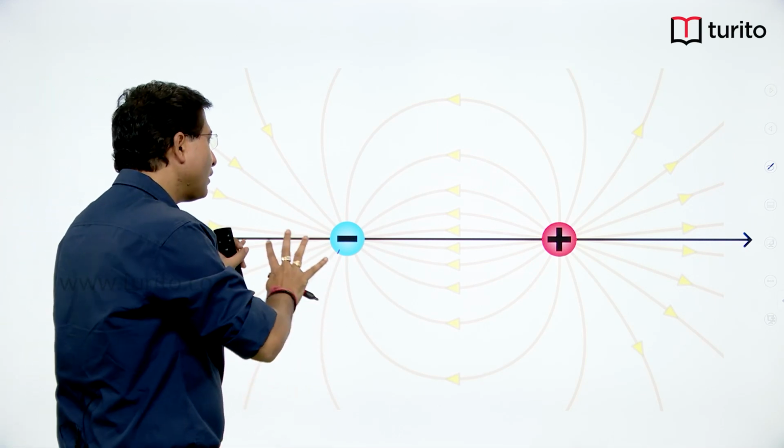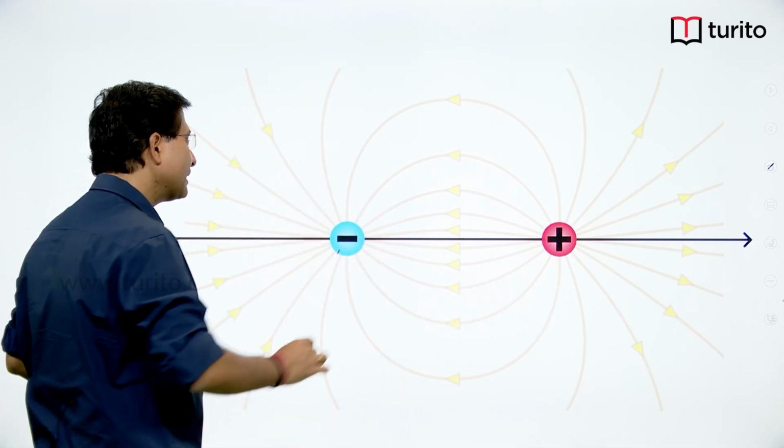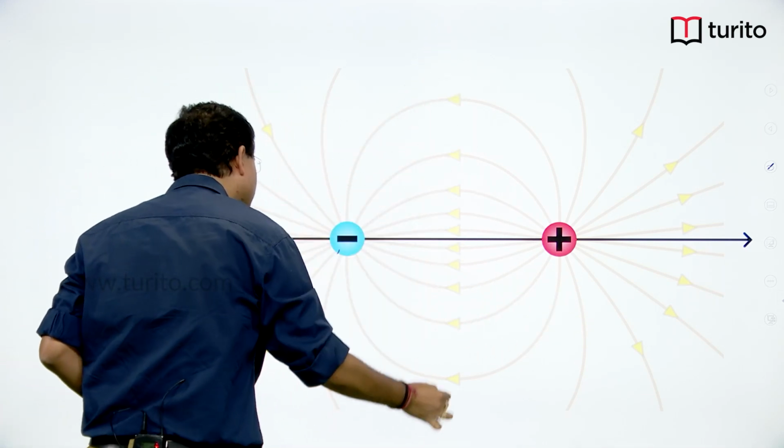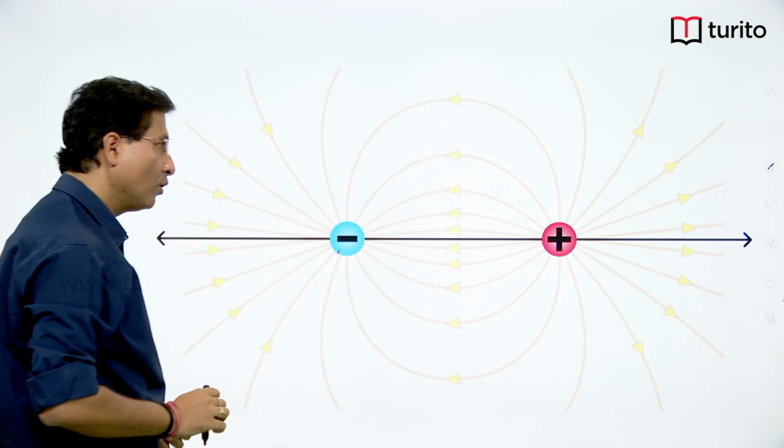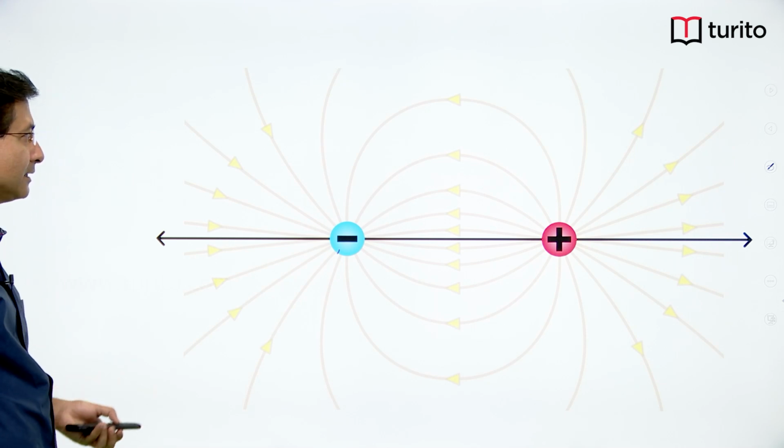So now I want to draw the equipotential line. One thing is clear, that there will be a straight line on which potential will be exactly 0, right. Let us see how you will get the equipotential lines in space.